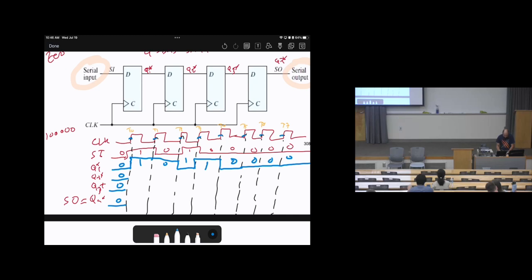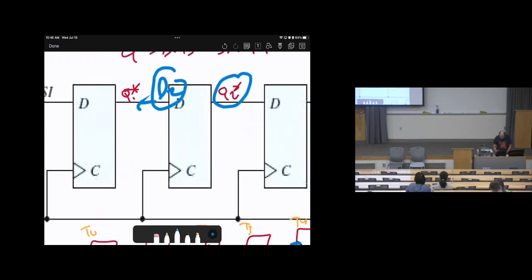Q2, at the next clock cycle, look at D2, which is equal to Q1 star, the next cycle. So D2 equals Q1, which means Q2 at T plus 1.